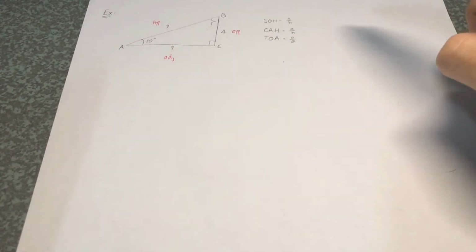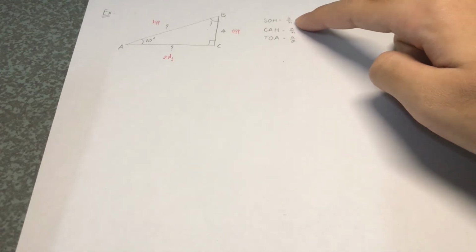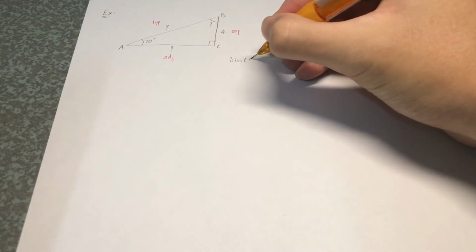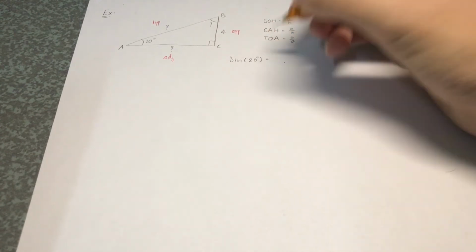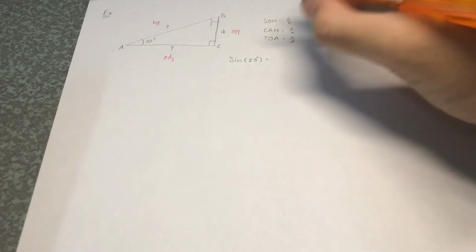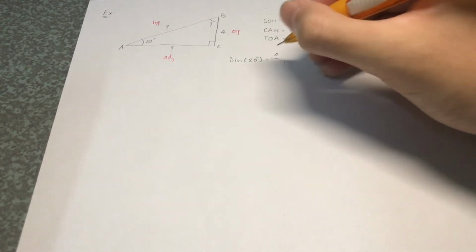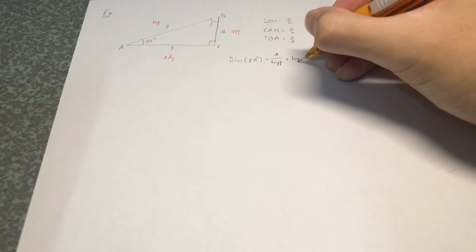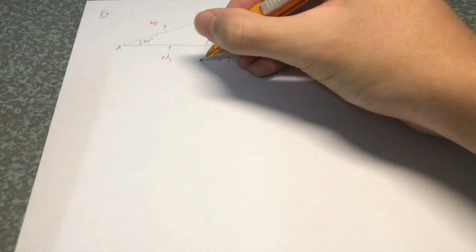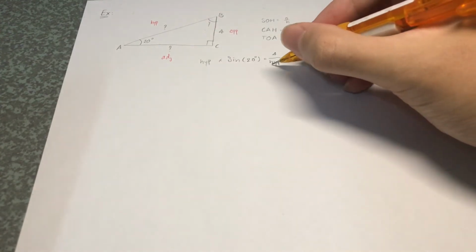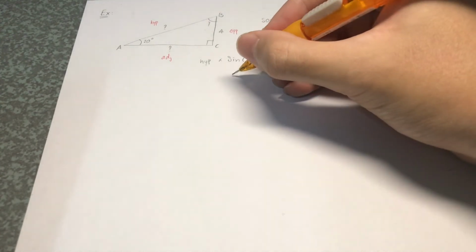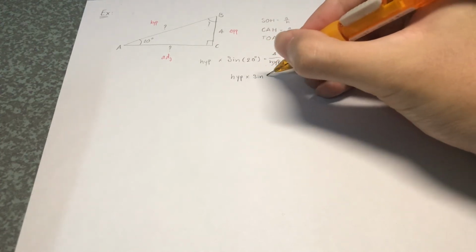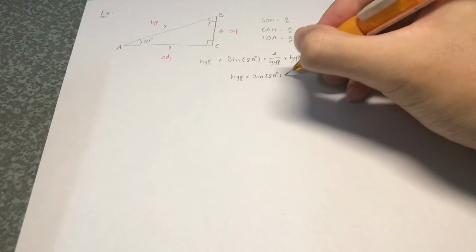So we will use SOH, or sine. Write sine 20 degrees equals opposite, 4, over the hypotenuse. Then multiply both sides by the hypotenuse. Cancel. You will be left with hypotenuse multiplied by sine 20 degrees equals 4.